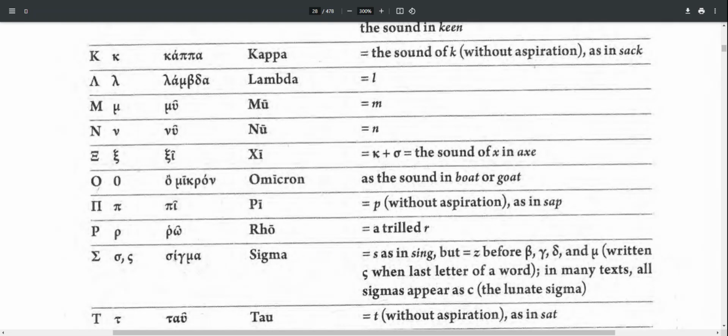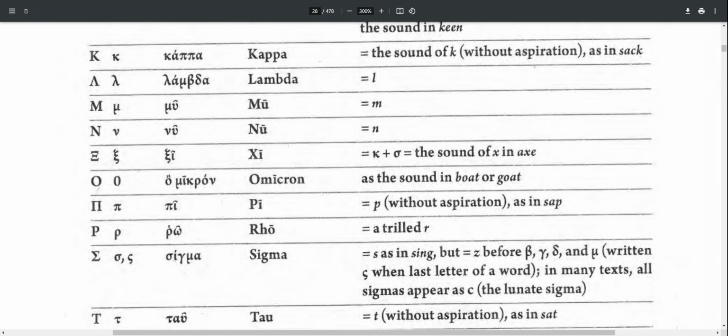So in the pronunciation it is S as in sing, but it can be like a Z before beta, gamma, delta, and mu. In many texts, all sigmas appear as something like a C, which is called lunate sigma.